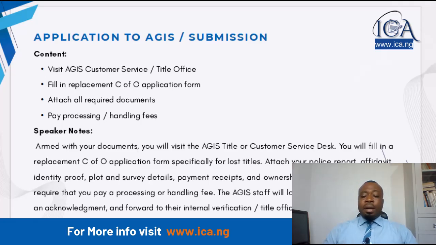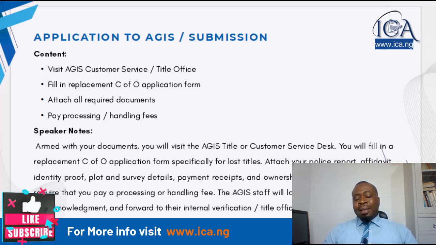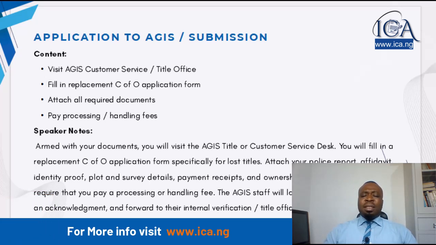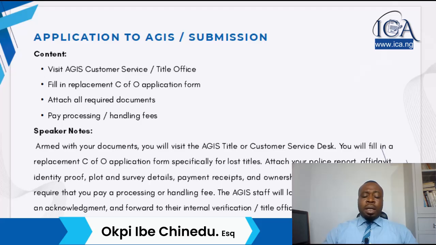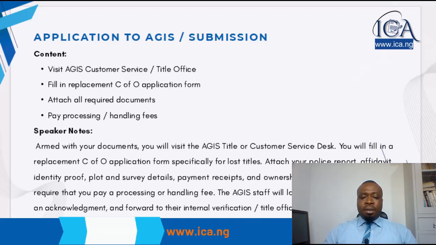So once you have done that, all you need to do is now to exercise patience for the AGIS in order to conduct their internal verification to establish the fact that indeed there was a C of O issued to you which is now lost and needs to be replaced.